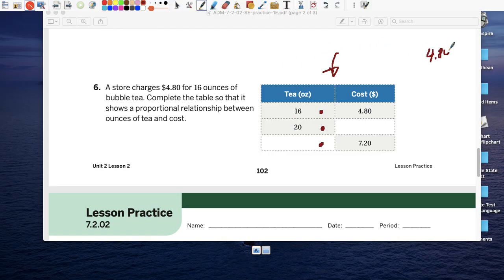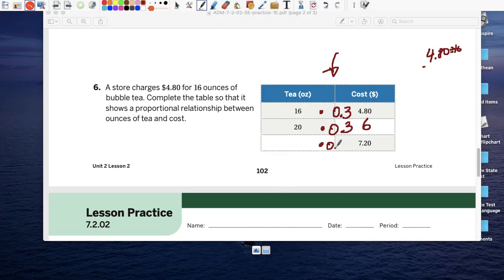We can do 480 and divide that by 16, right? You get 0.3. 16 times 30 cents is 480. 20 times 30 cents, can you figure that out? Is $6.